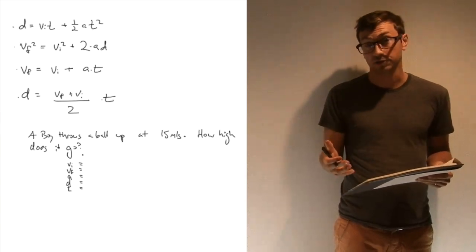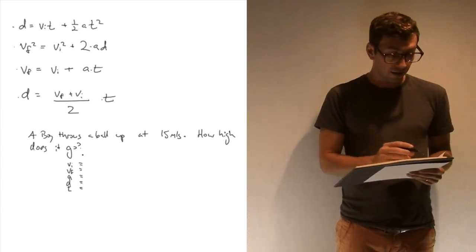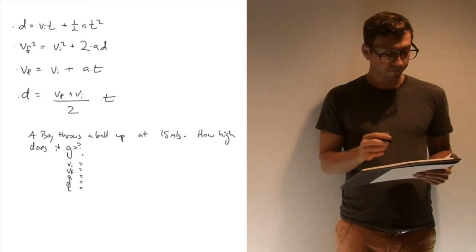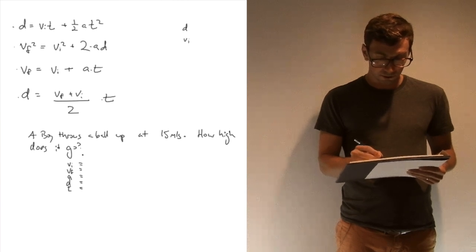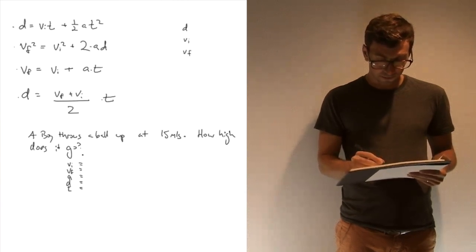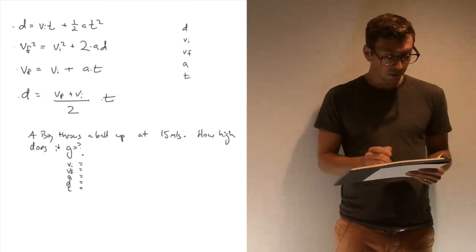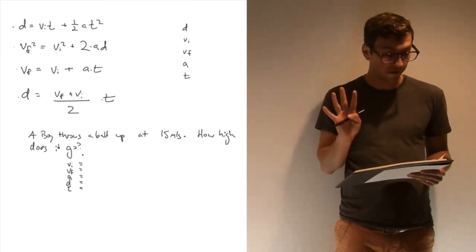When we're doing these questions, the trick is to notice something. There are 5 variables: distance, velocity initial, velocity final, acceleration, and time. And every single one of these equations has 4 of these 5 variables.